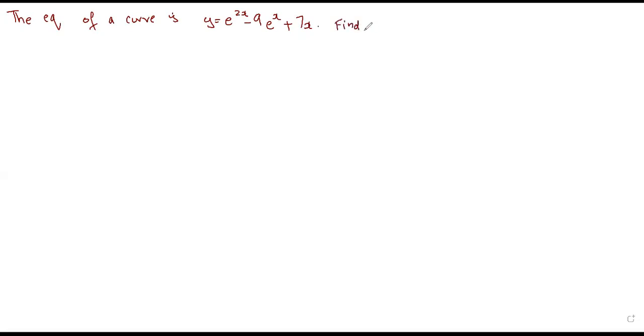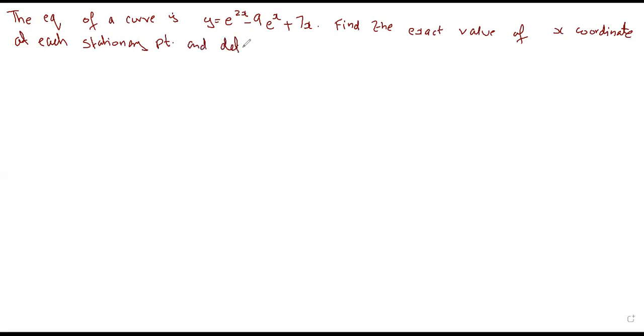Find the exact value of x coordinate at each stationary point and determine the nature of stationary points. Okay, so do you have any idea what a stationary point is?